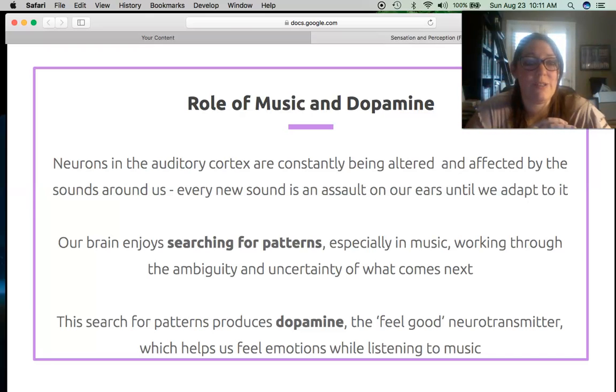So our auditory cortex is constantly being altered and affected by sounds around us as our brain is trying to figure out what new patterns are, and that's really exciting for our brain to do.